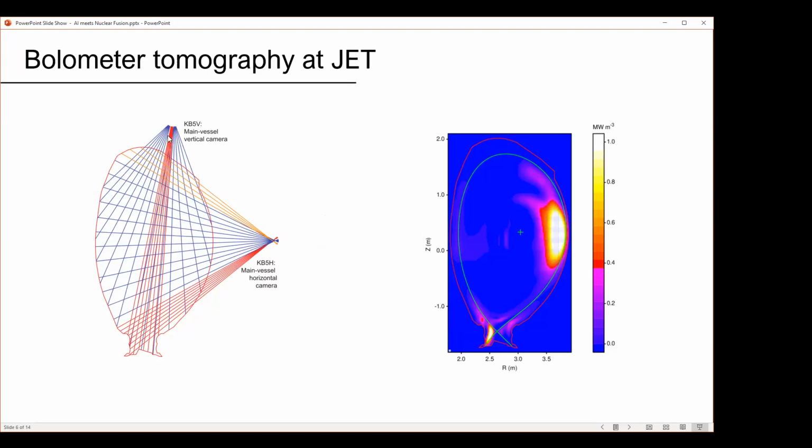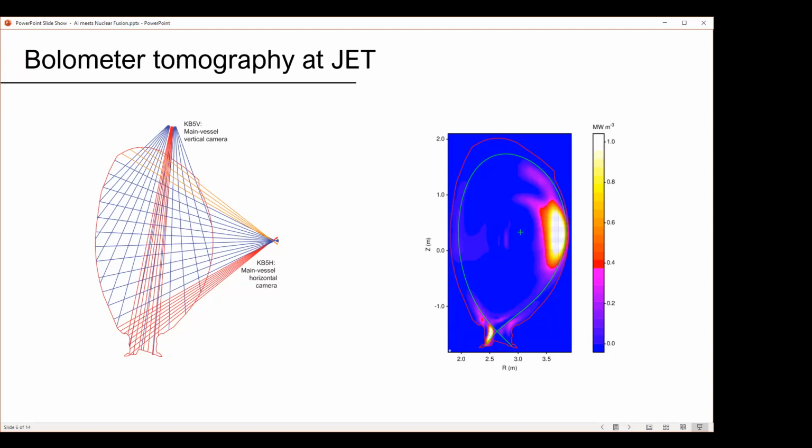So we have a horizontal camera and a vertical camera, and the main purpose of this diagnostic is to come up with, let's say, a 2D image of the radiation profile inside the machine. So as you can imagine, this problem is not very easy, because the lines of sight that we have are rather scarce, and we still have to come up with something that is smooth and looks meaningful from a physical point of view, as we have on the right-hand side.